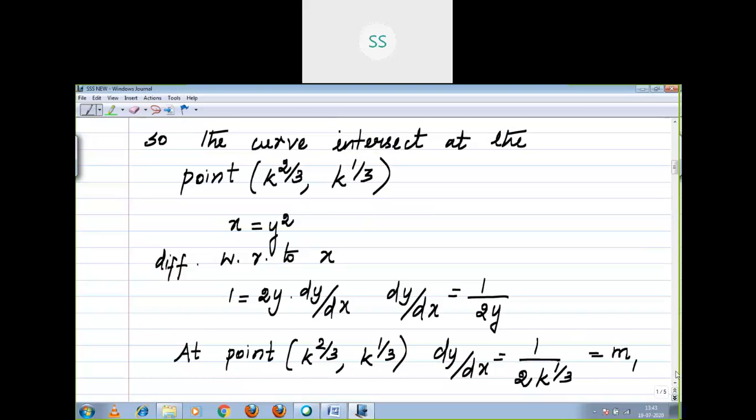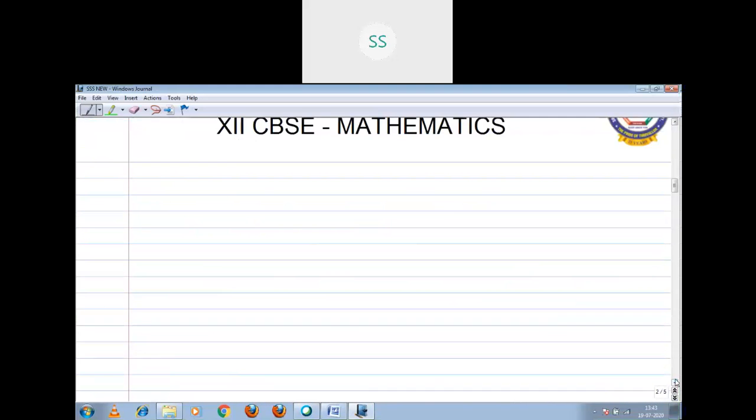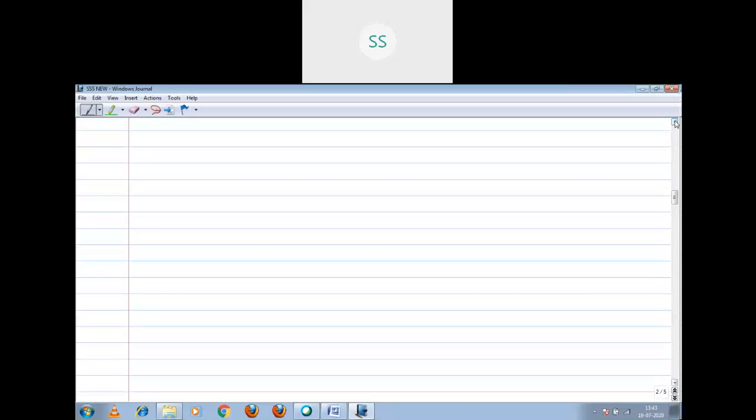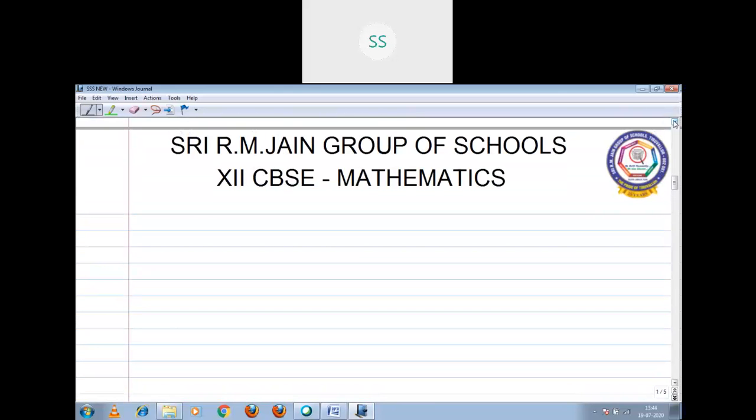Now, next: xy equals k. Here also you differentiate with respect to x on both sides.